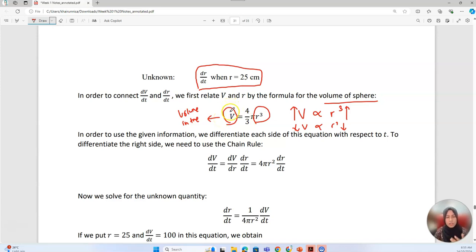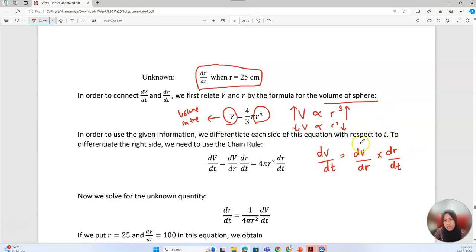If the volume of the sphere is constant, where r is constant, then we can straight away use this formula. But now we have the V that is changing with time. We have dV/dt. And this one will change as well, because it's a relationship that changes when r is changing. So we have dV/dr, which always changes when the r is changing, and we can multiply with the radius that is changing with time.